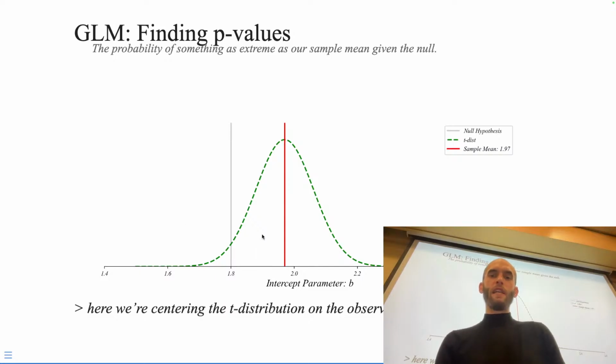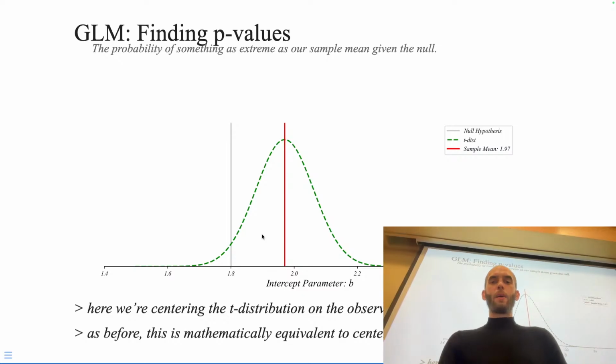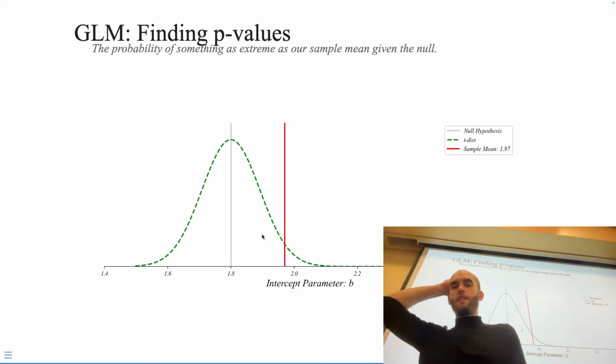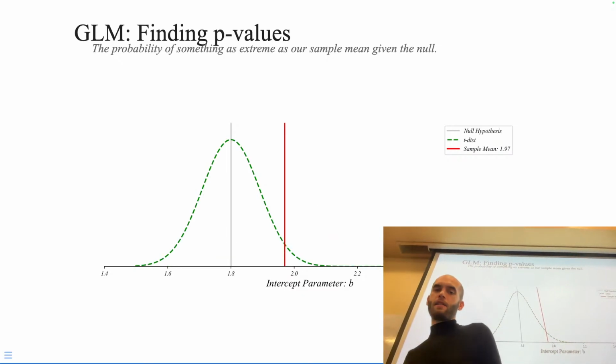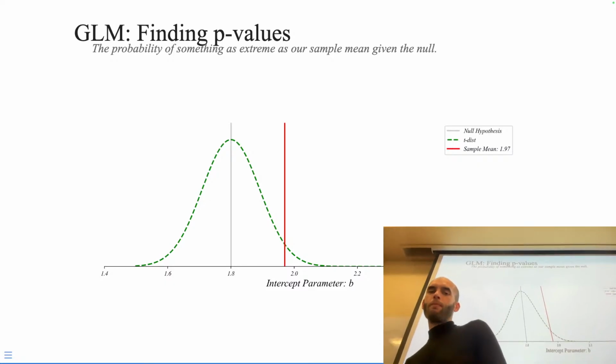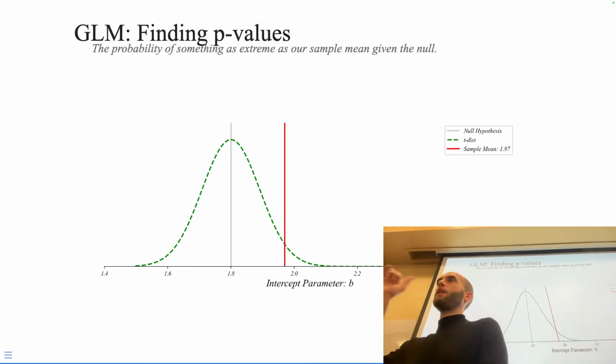This is centering the t distribution on the sample mean, but it's equivalent to centering it on the null hypothesis. And this is the way we've talked about it primarily in the class so far. So I'm going to present it this way, but you can equivalently set it up centering the t distribution on the sample mean.